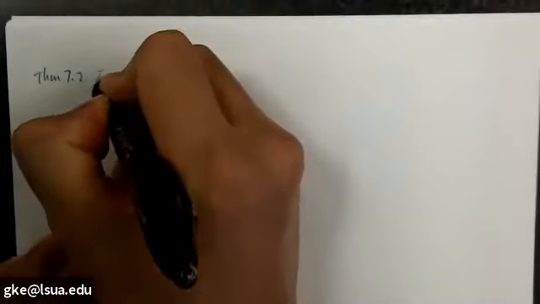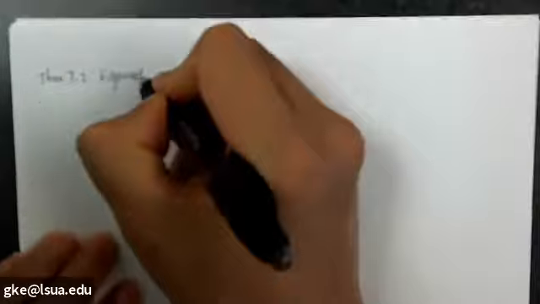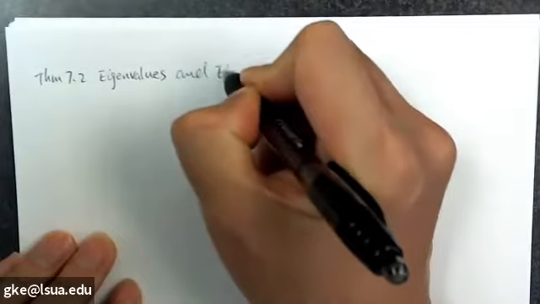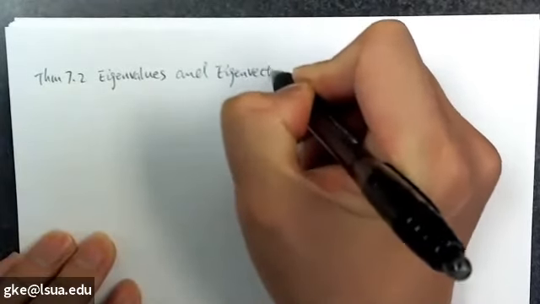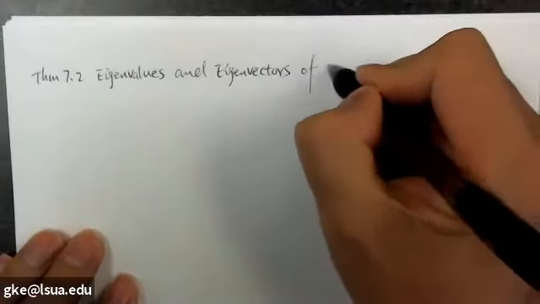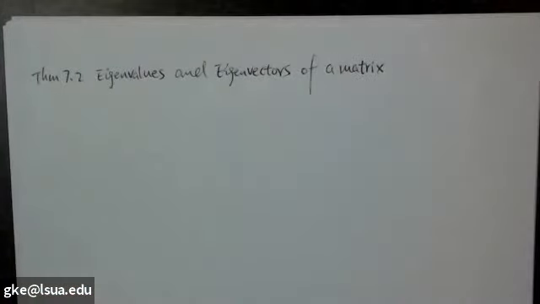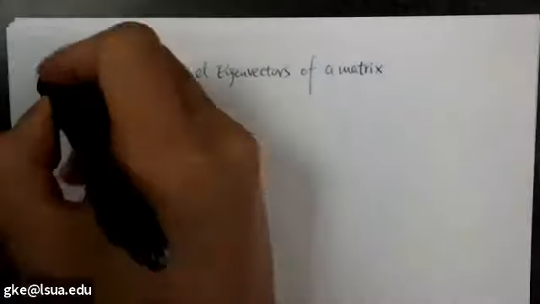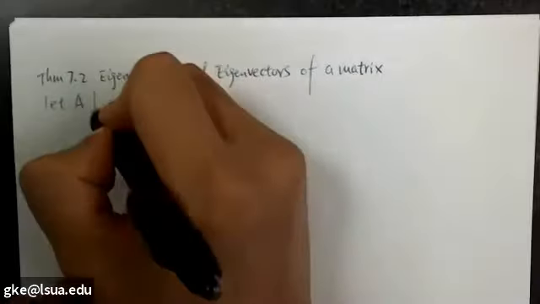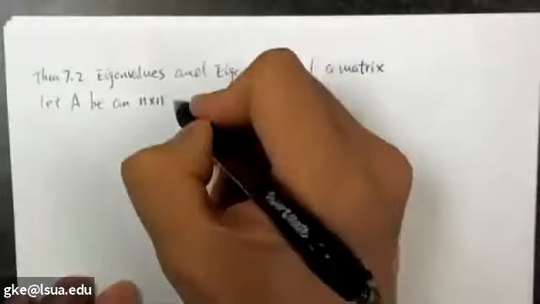Theorem 7.2, eigenvalues and eigenvectors of a matrix. Let A be an n times n matrix.